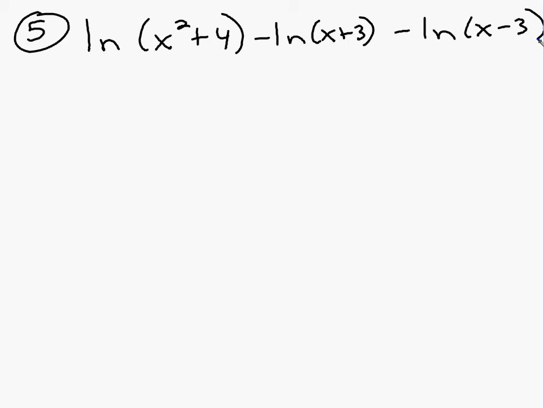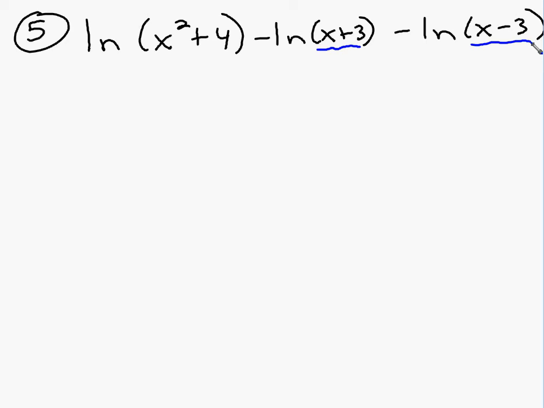Now, sometimes I think you have to be thinking ahead with your first step. And I'm glad we're going over this problem. You notice, don't I have two minuses? And doesn't a minus mean I'm going back to a quotient? So let me show you the trick on this one. Do you see these two little things right here? Aren't those a difference of two squares if they're multiplied? So watch what we can do.